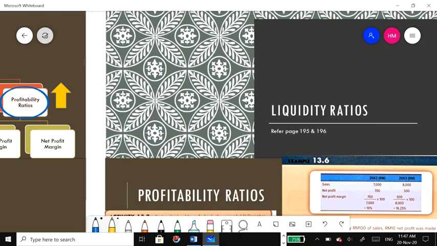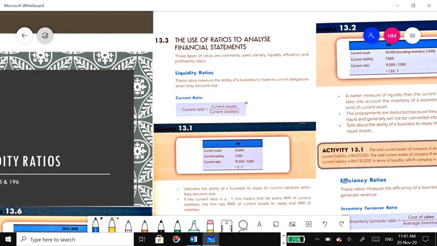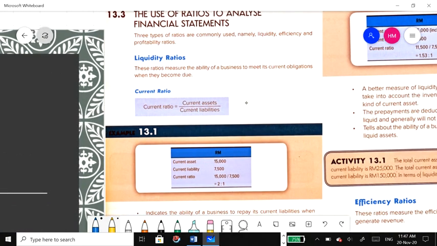You can refer to page 195 and 196. Okay. So, liquidity ratio, this ratio measures the ability of a business to meet its current obligation when they become due. So, current obligation di sini is referring to your current liability. So, dia nak tengok, mampu tak you punya business nak bayar dia punya hutang.